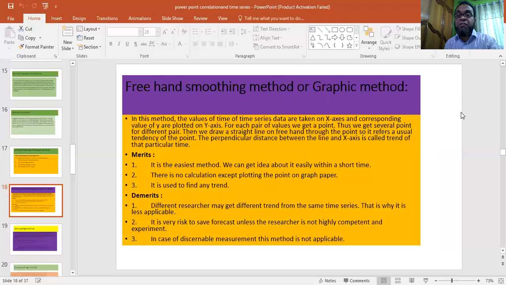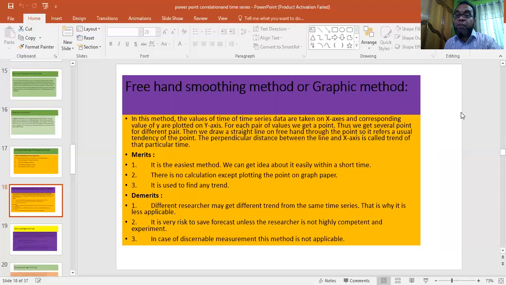So what is written in your slide? In this method, the values of the time series data are taken on the x-axis and the corresponding values of y are plotted on the y-axis. Very simple. In the x-axis, you will put the value of time or year, especially the year is always given, and the corresponding values of those particular years on the y-axis.